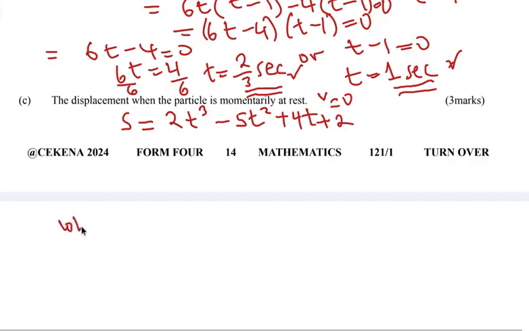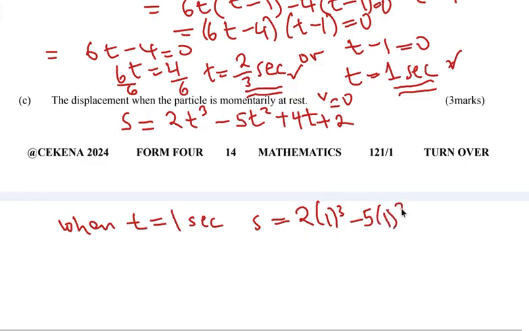So when t equal to 1 second. S ni ngapi? Kwa substitute 2 times 1 cube minus 5 times 1 squared plus 4 times 1 plus 2.